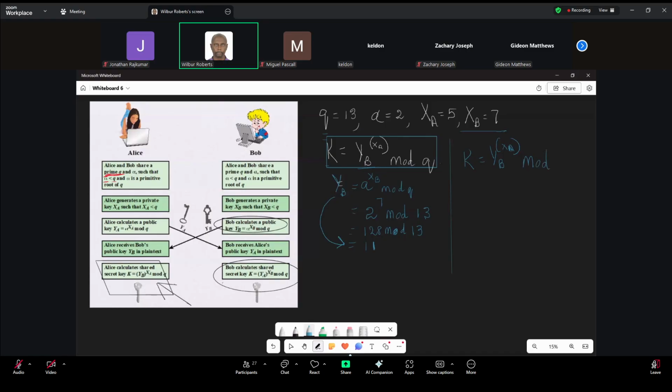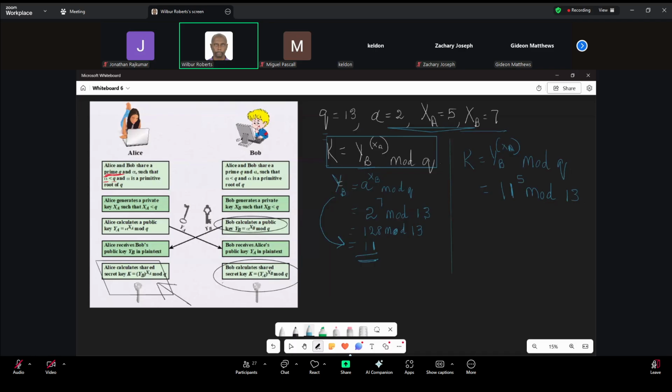So K now is equal to YB, which we found here. This is YB, 11. 11 to the power of XA. XA is Alice's private key on top. We had already determined that from the problem. So it's 11 to the power of 5 mod Q, which is 13.